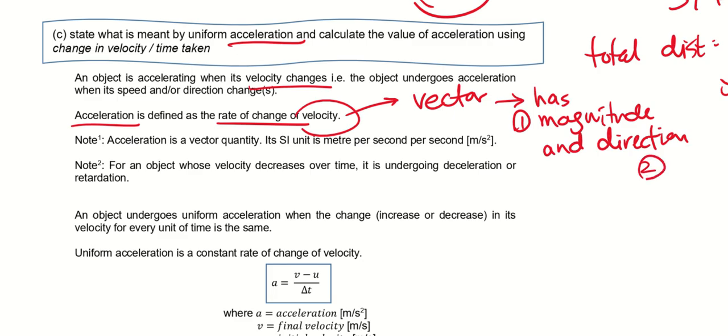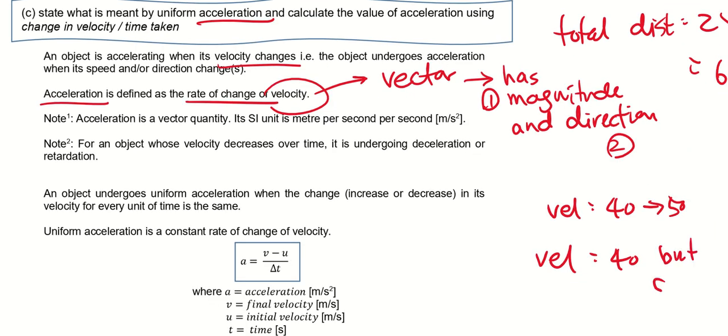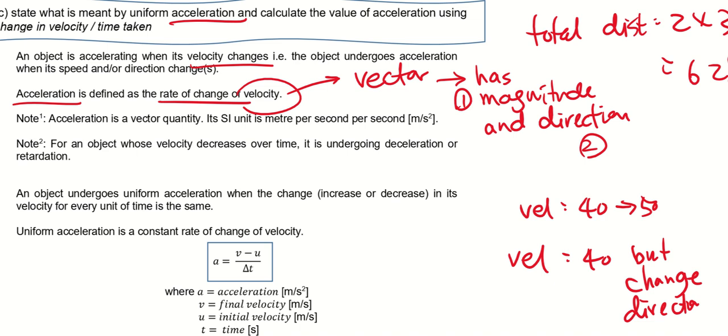If my velocity goes from 40 to 50, am I accelerating? Is there a change in velocity? Yes, so I'm accelerating. But if my velocity is 40, but I change direction, is there acceleration?